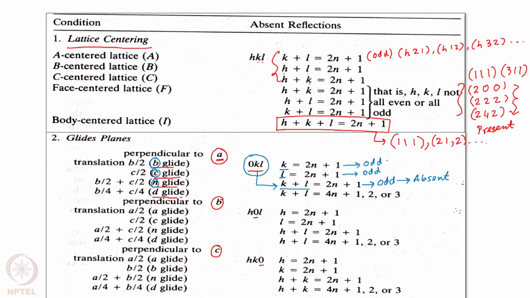In case of the 0KL set of reflections, where 0 1 0, 0 3 0, etc., or 0 1 2, 0 1 1, all these will be absent for a B glide perpendicular to A. Similarly, 0 0 1, 0 0 3, 0 2 1, 0 2 3, etc. will be absent in case of a C glide perpendicular to A.